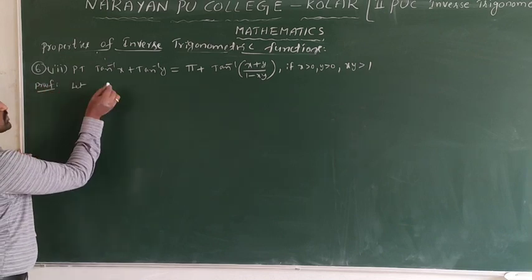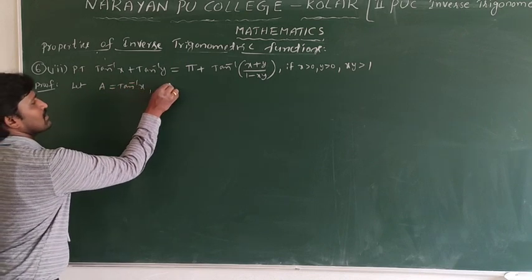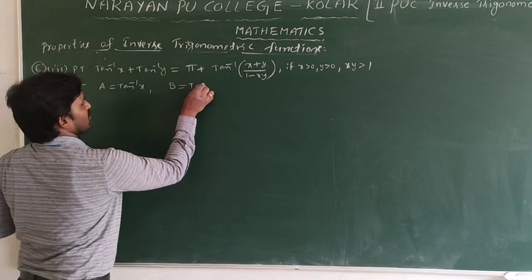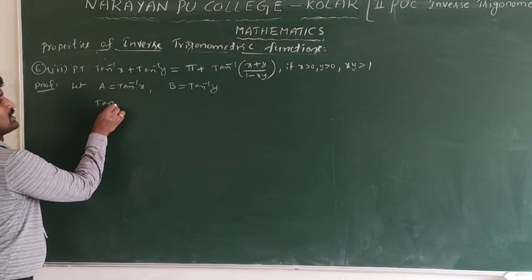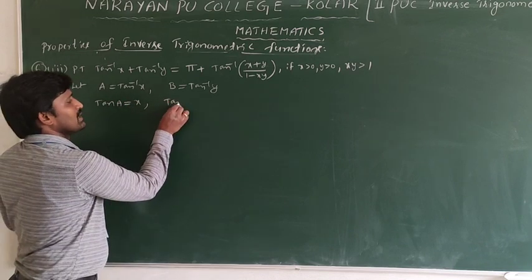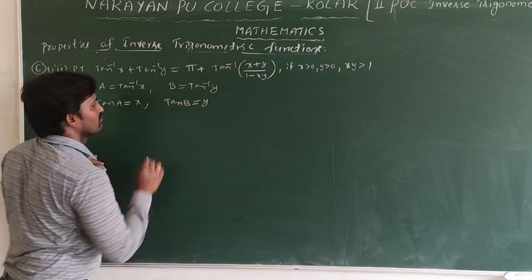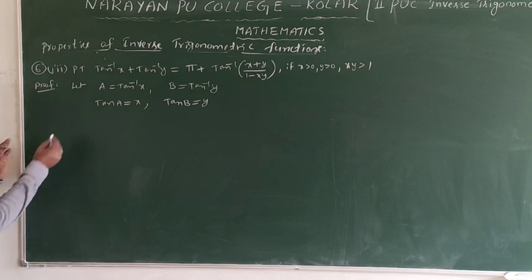Coming to the proof, same as before, let's assume a equals tan inverse x and b equals tan inverse y. Taking tan inverse to the left side, tan a equals x and tan b equals y. This becomes a plus b. We need to use the tan of a plus b formula.